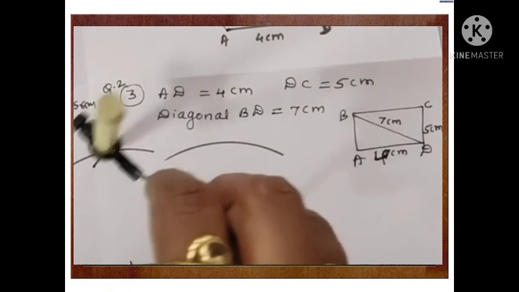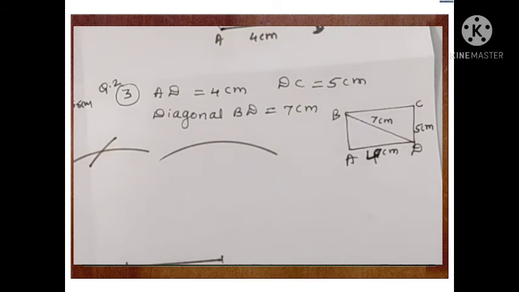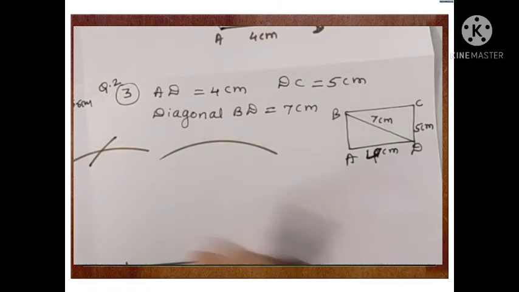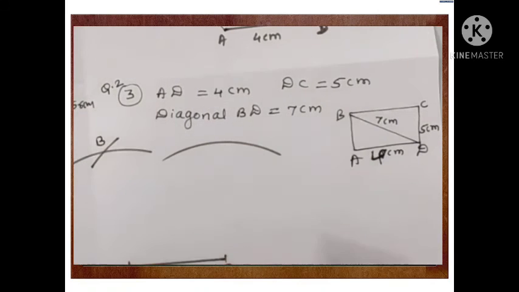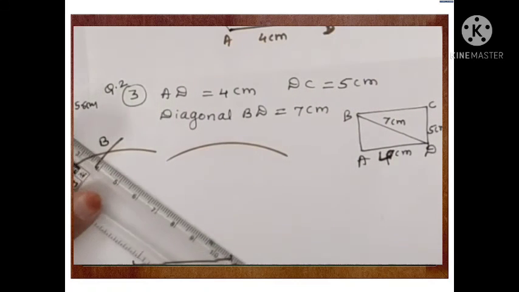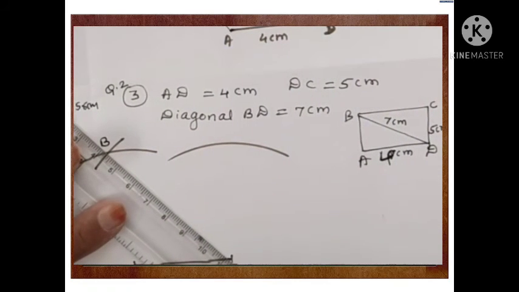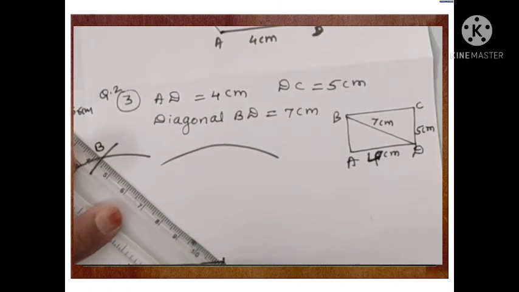Now take the radius 7 cm and cut the arc in order to get the vertex B. Join the BD diagonal.